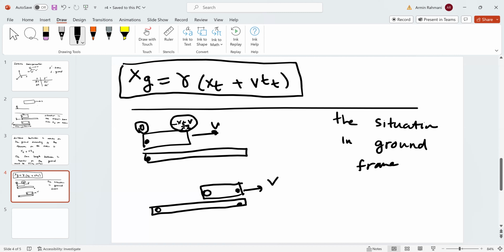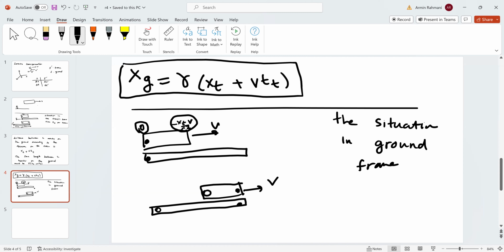So if the rear clock reads 0, the clock in the front of the train must be behind by the amount equal to the proper length, the distance measured on the train's frame times the velocity divided by c squared. So at that moment, that's what the observer on the ground sees.